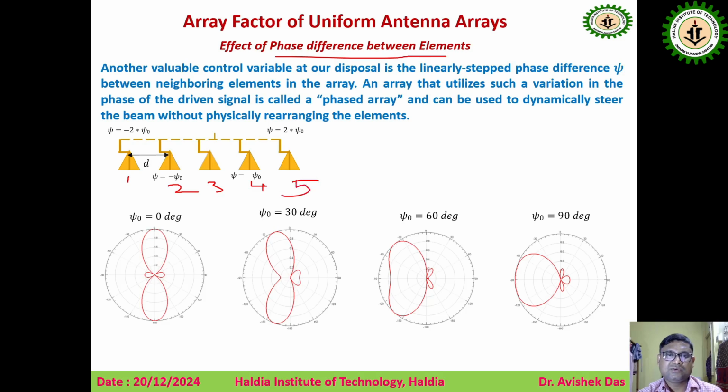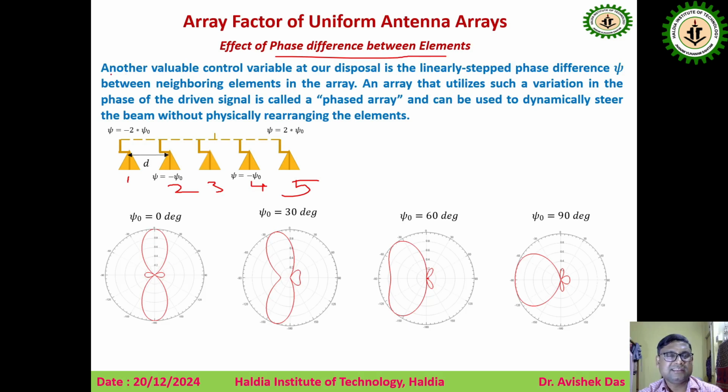The distance d between the two elements is kept fixed, and the total number of antenna elements in the array is also fixed, but we change only the phase excitation on each individual element. So what are the changes? We discuss that in this slide.